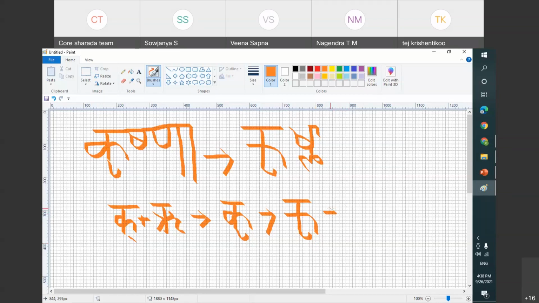In fact, many manuscripts have that. It's written a little bit artistically, this way. This is also Kr. It is just a different way of writing Kr in Sharada Lipi.